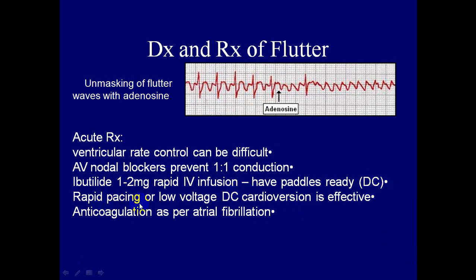Rapid pacing sometimes, or low voltage, low dose DC cardioversion is effective. Anticoagulation, please, as per atrial fibrillation, because of the similarity and because it most commonly degrades into atrial fibrillation. Sometimes both are in one ECG, called flutter fibrillation.